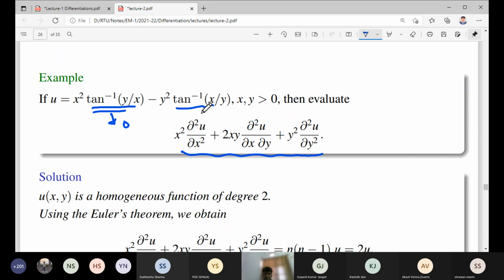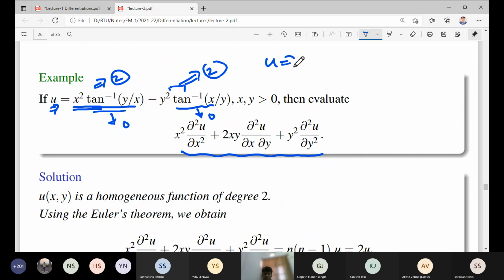This is again degree 0. So this product x square times tan inverse y upon x is of degree 2, and this product is again a function of degree 2. So each term in the given function is homogeneous and of degree 2. So you can see that u is a homogeneous function.